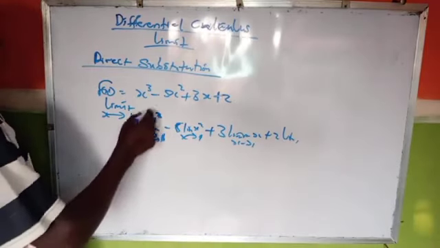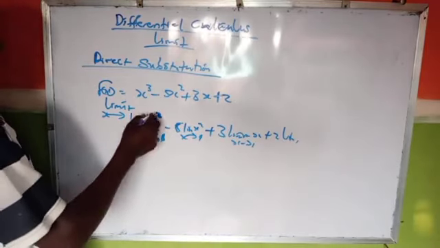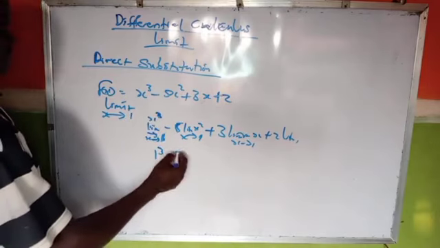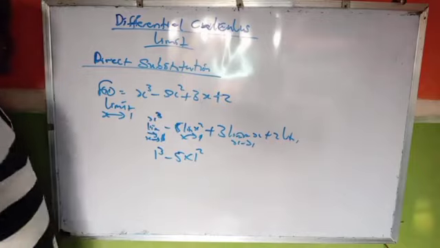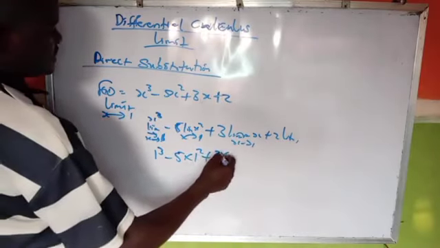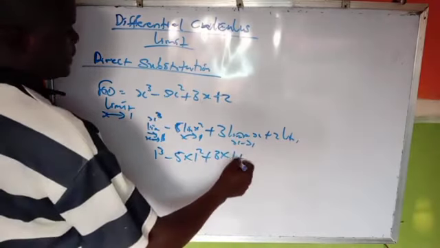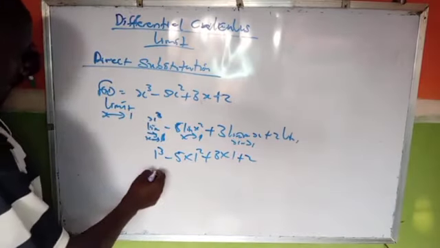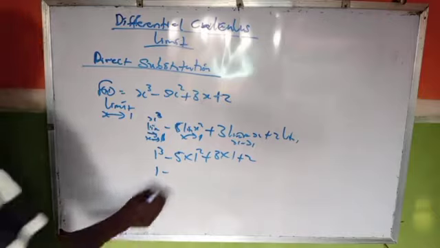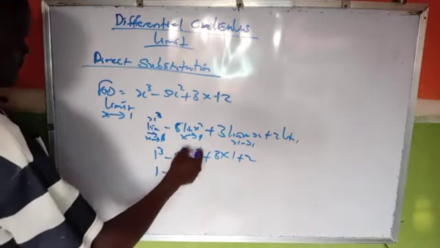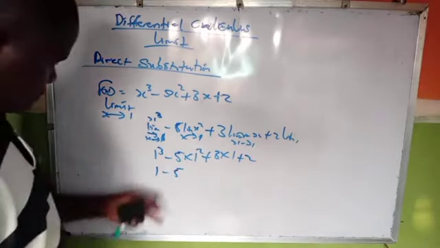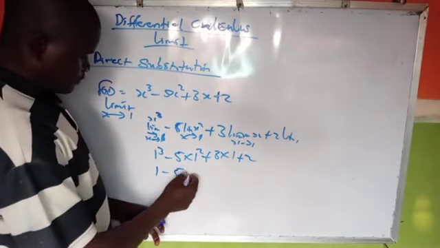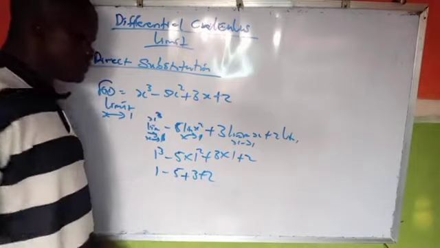So what you simply do is, where you see x, you put the 1 there. So 1 raised to power 3 minus 5 times 1 squared plus 3 times 1 plus 2. That is 1 minus 5. 1 squared is 1, times 5 will give you 5. 3 times 1 is 3, plus 2.